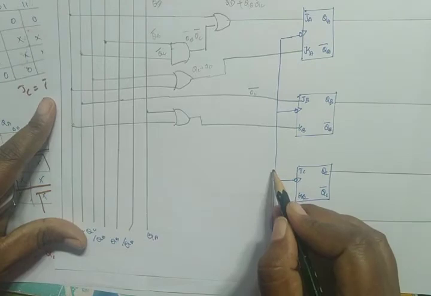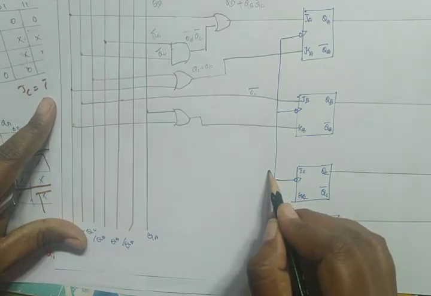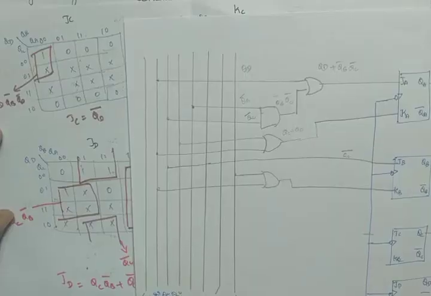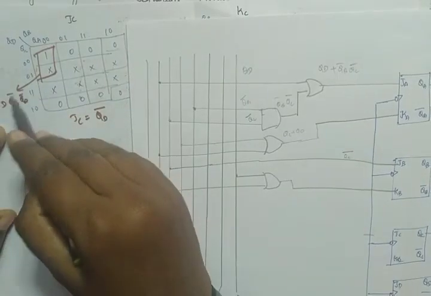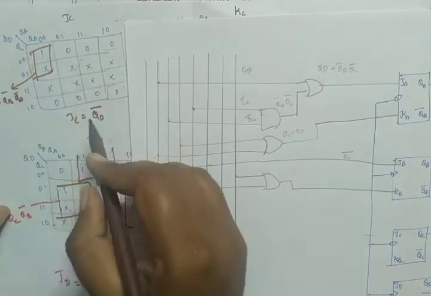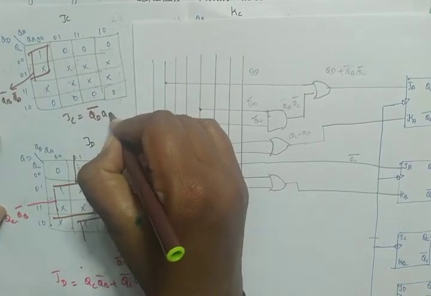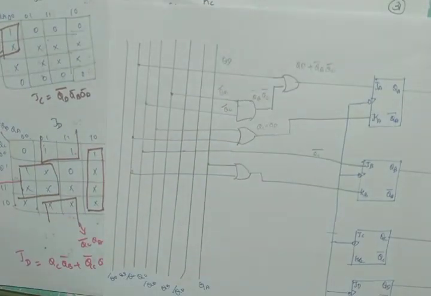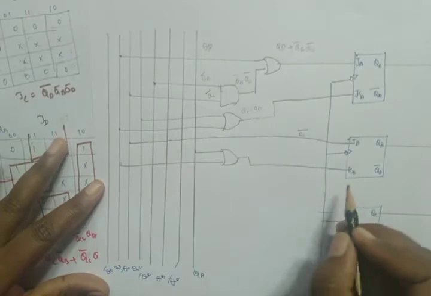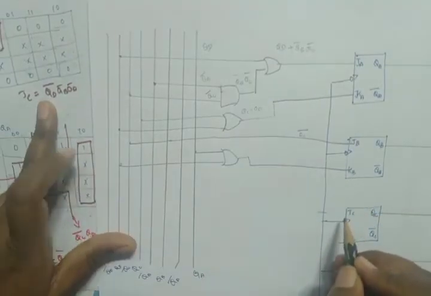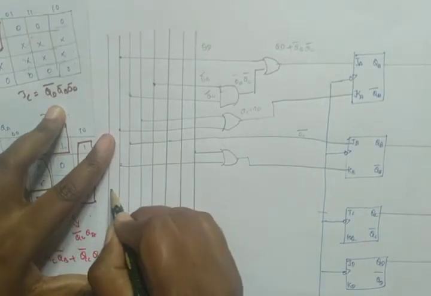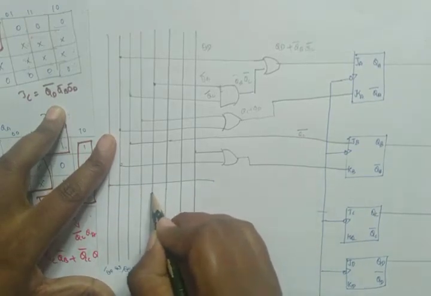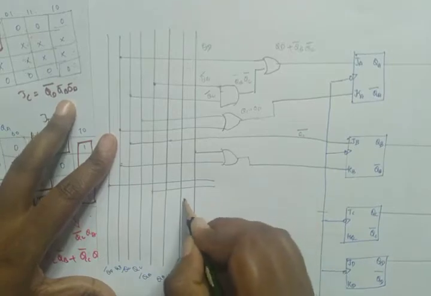So take a line from QD bar, then QB bar, then QA bar.